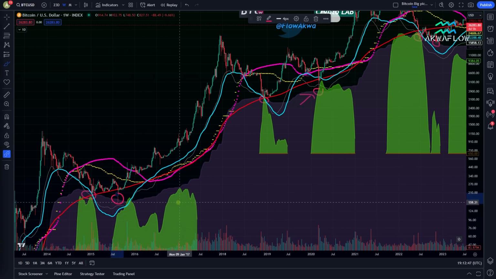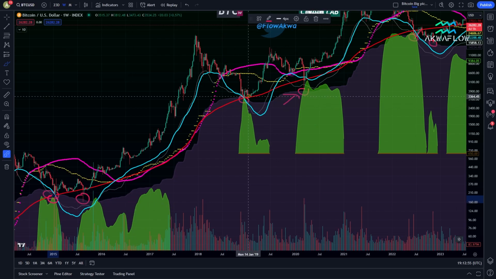Then you should already know about it, but we have the mountain indicator in green. You see that here again, we have a perfect bottom. Here again, you see the mountain indicator going up and the price was attracted to it and we have another bottom. Here again, going up and we have the price attracted to it.